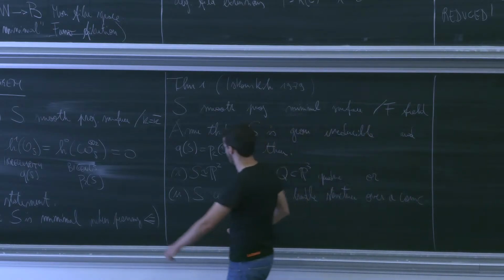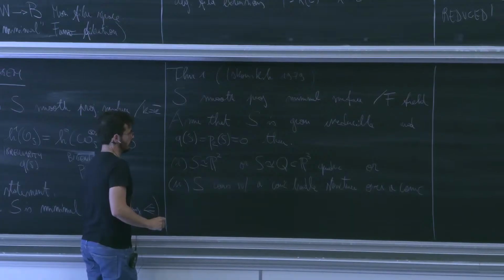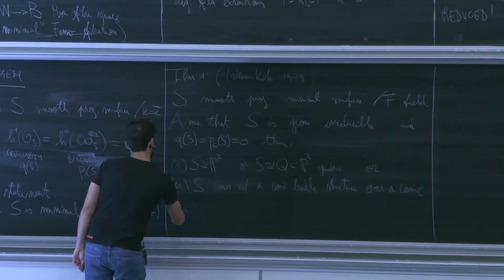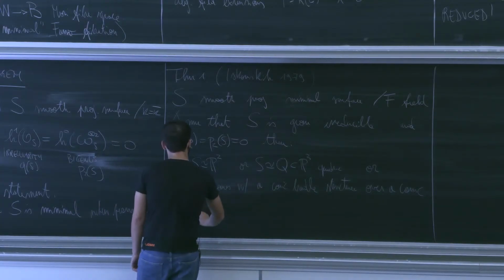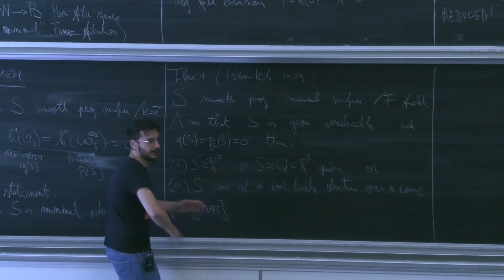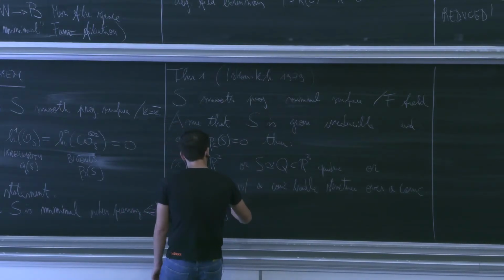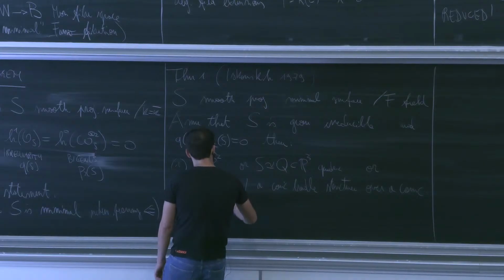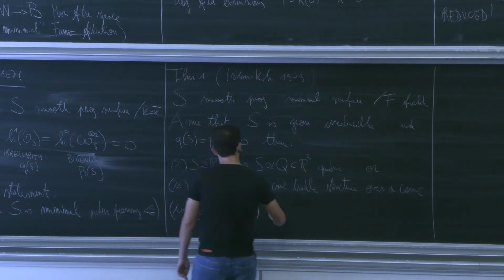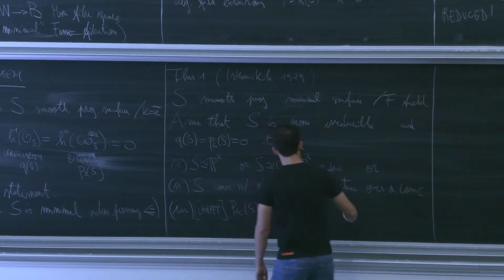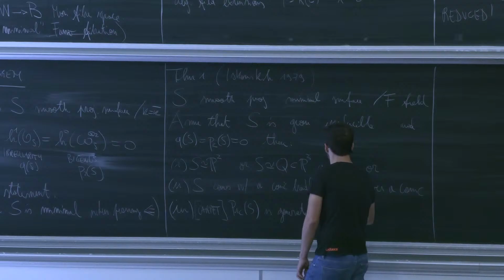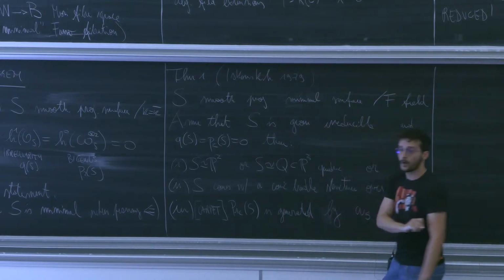Or three, this is what I call the carpet, when you hide everything, like all the rest there: the Picard group of S is generated by the canonical divisor.